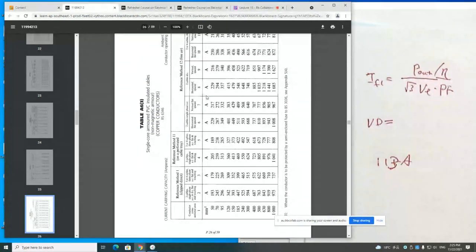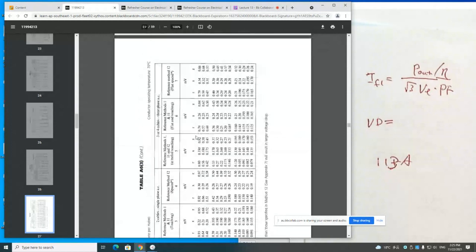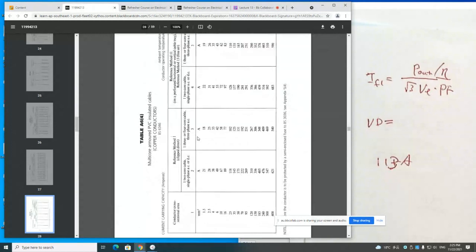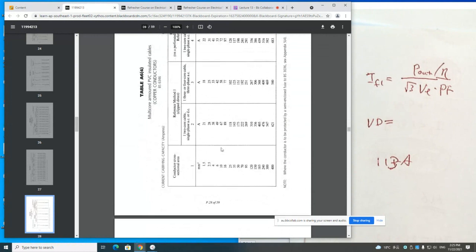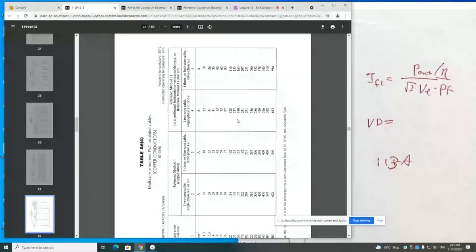So this is single core. Multi-core armored PVC. It's not easy.